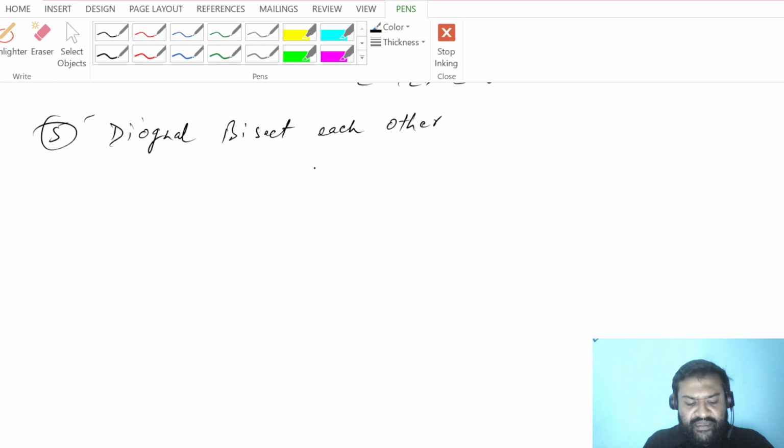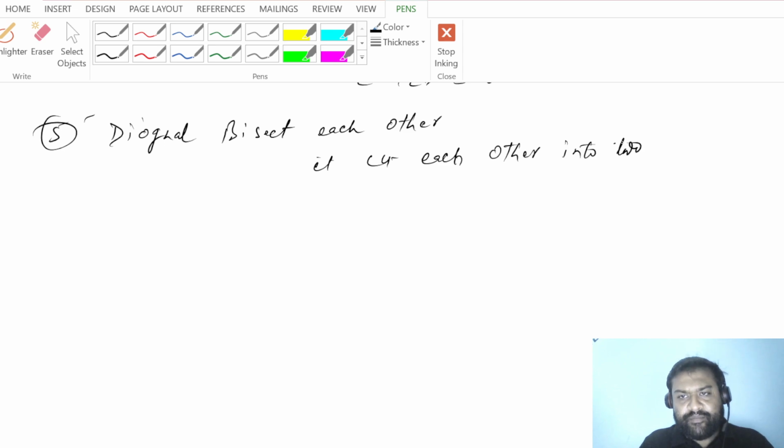That is, they cut each other into two equal parts. So these are about the diagonals.